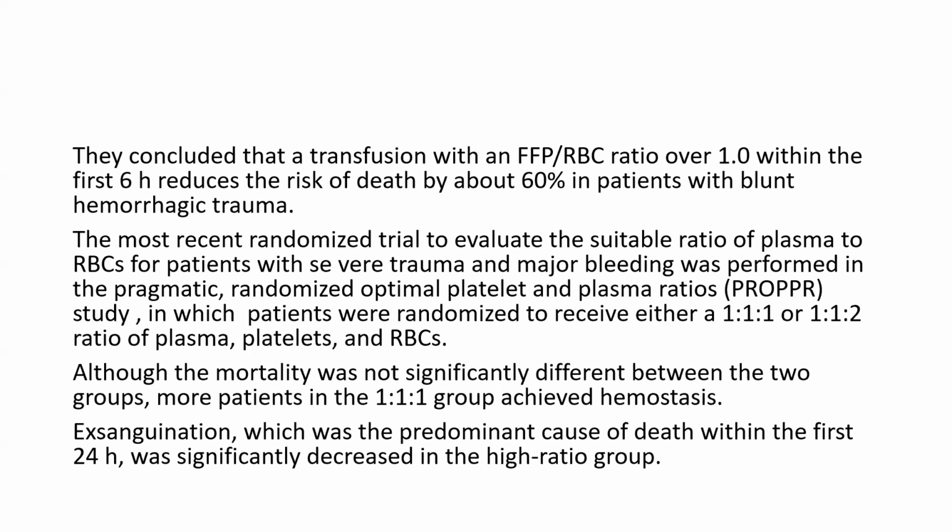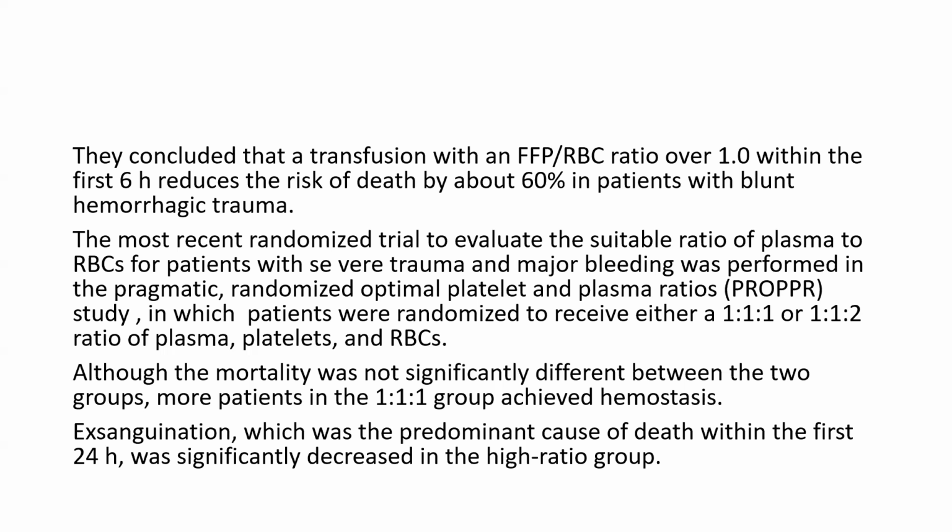The most recent randomized trial to evaluate a suitable ratio of plasma to RBC for patients with severe trauma and major bleeding was the PROPPR study, the Pragmatic Randomized Optimal Platelet and Plasma Ratio trial, in which patients were randomized to receive either a 1:1:1 or 1:1:2 ratio of plasma, platelets, and RBC.